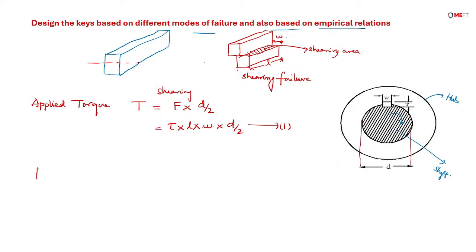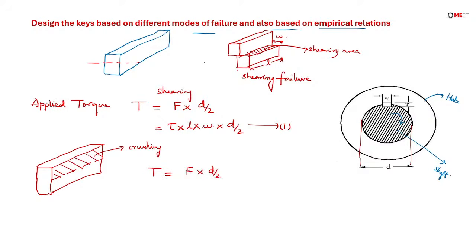Next, as the key is interfacing the shaft as well as the hub for some portion, half of the area is likely to suffer crushing. So here we can write the torque as force into diameter by 2.